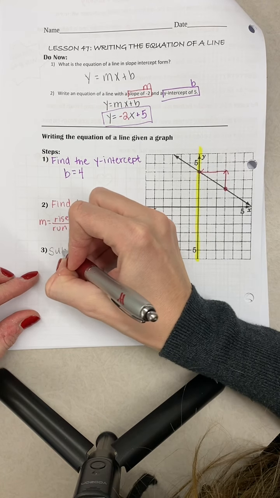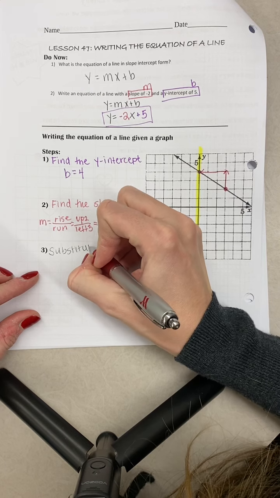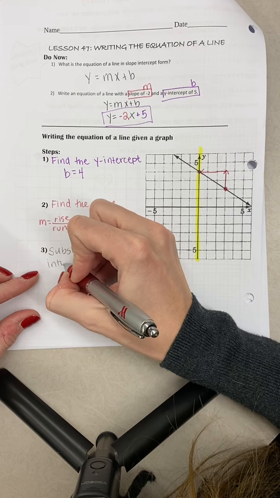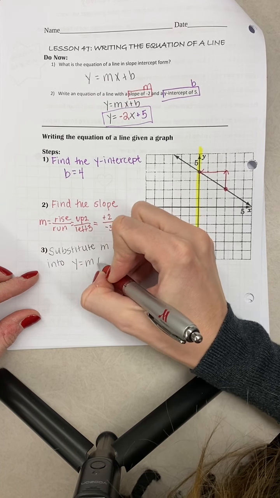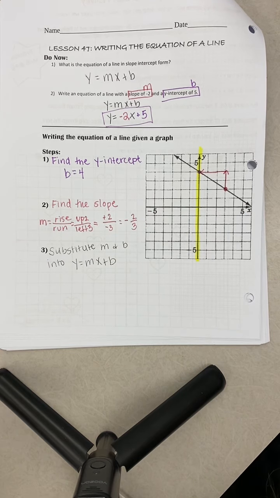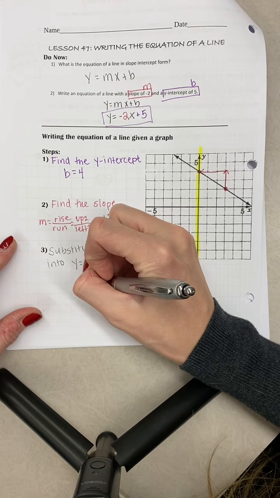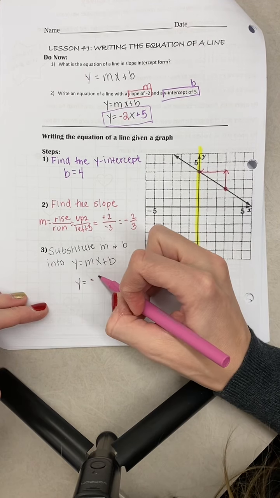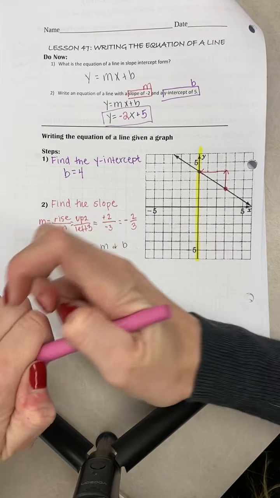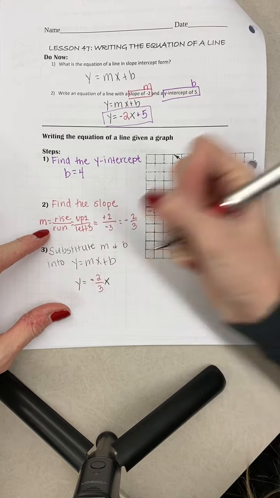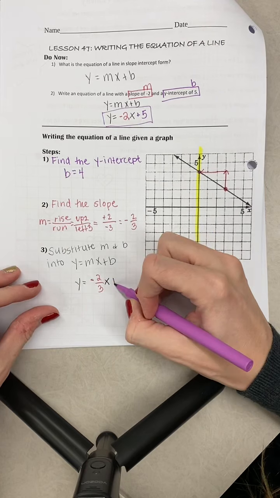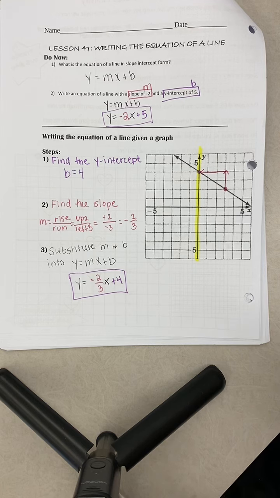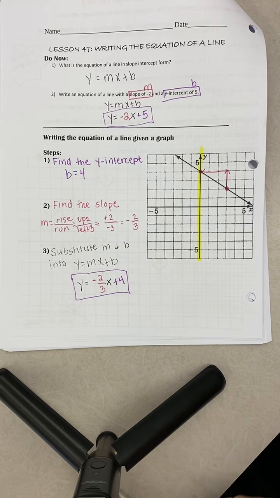Finally, we're going to substitute my m and my b into the y equals mx plus b formula. And here I would have y equals my m is -2/3, x, and then my b is a +4. So that's my equation of the line graphed here.